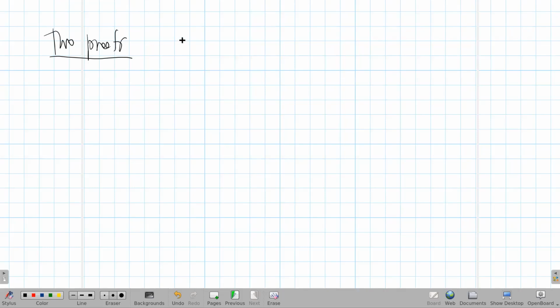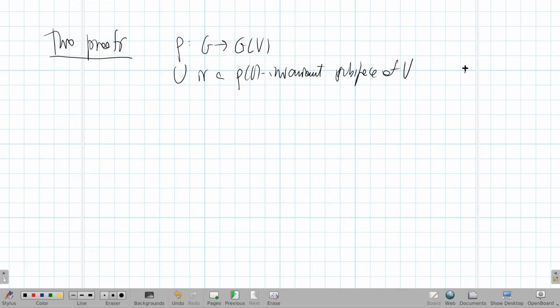You have a representation rho of G to GL(V). And U is a rho G invariant vector subspace of V. So remember, this means that u rho(g) is in U for all u in U and g in G, okay? And so the trick is the following.